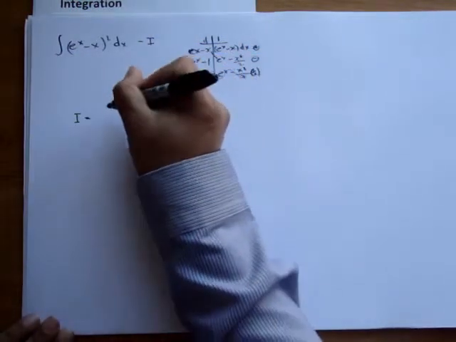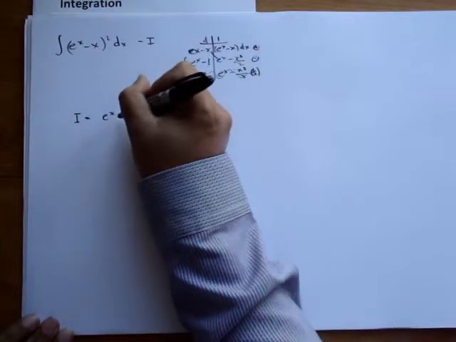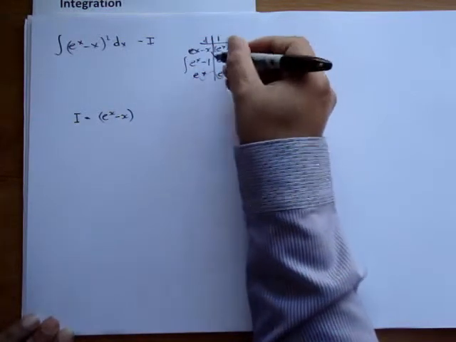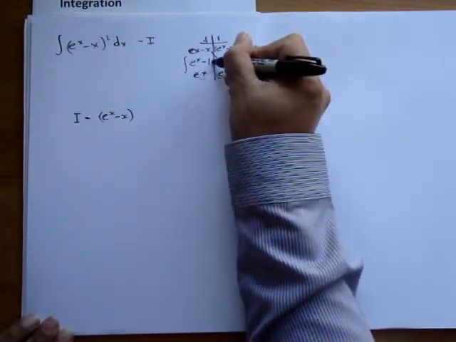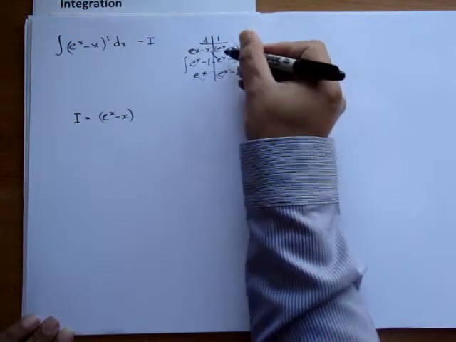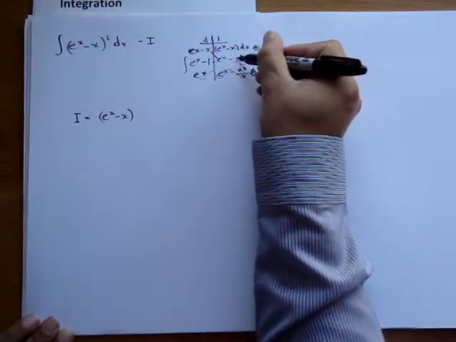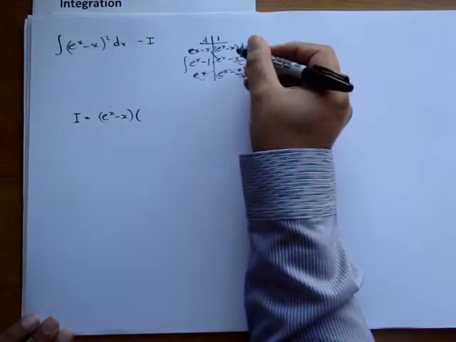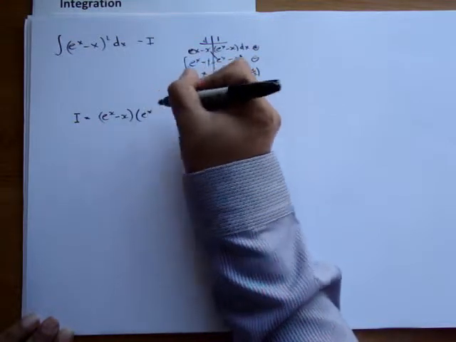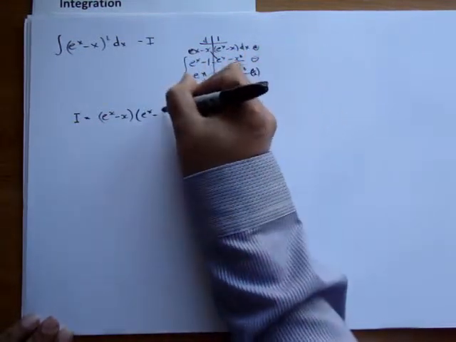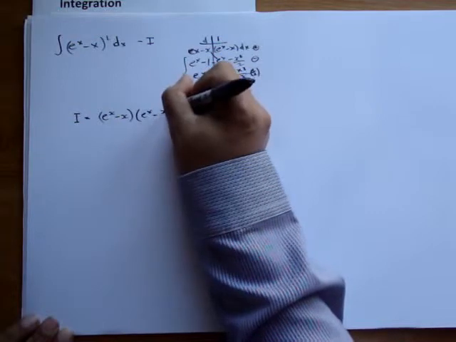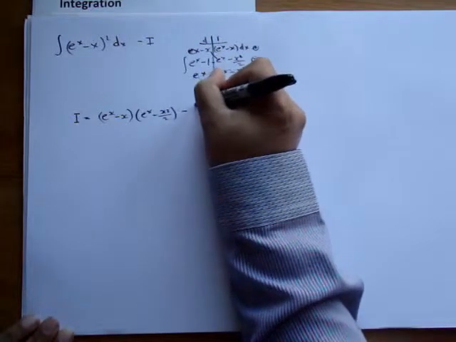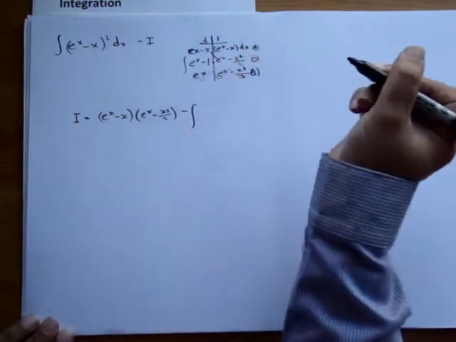if that equals I, I equals e to the x minus x, then we integrate across there. So we've still got to put this in, so that will be e to the x minus x squared over 2, minus the integral.